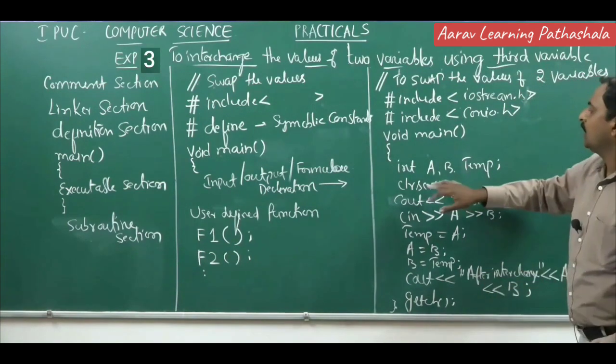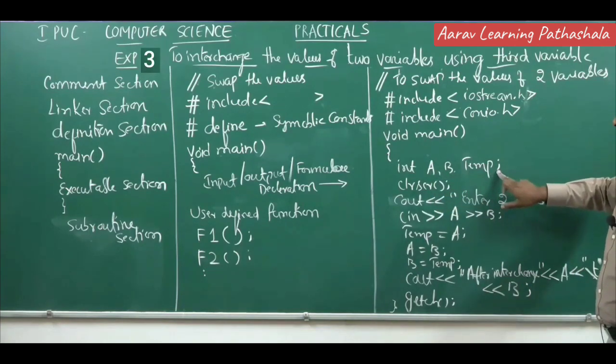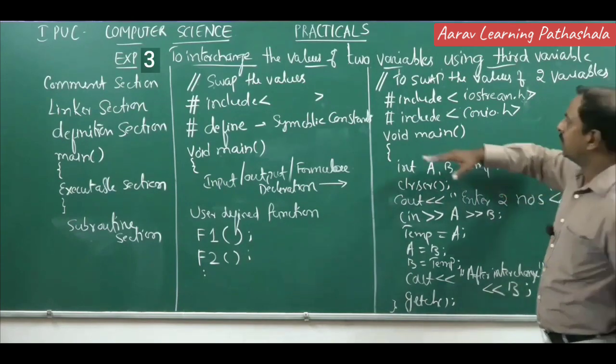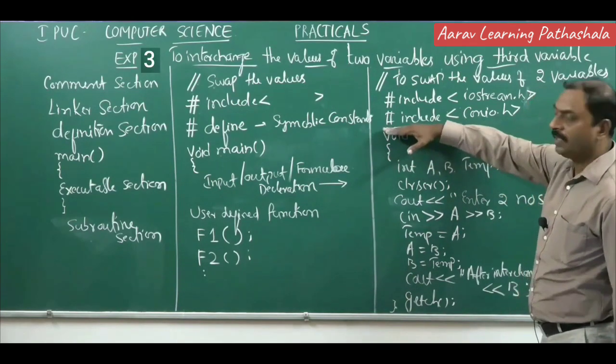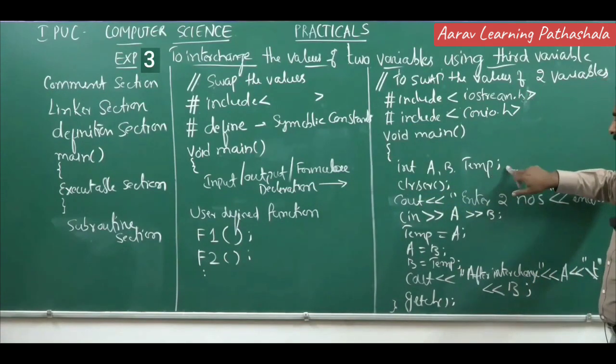So we use a, b, temp as variables. These are called local variables, and above void main is where we declare global variables.